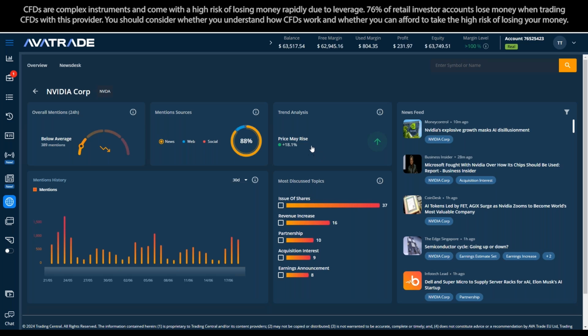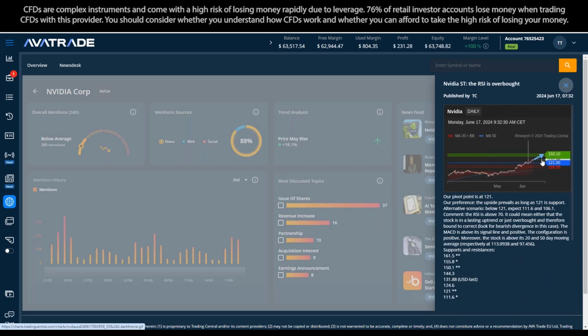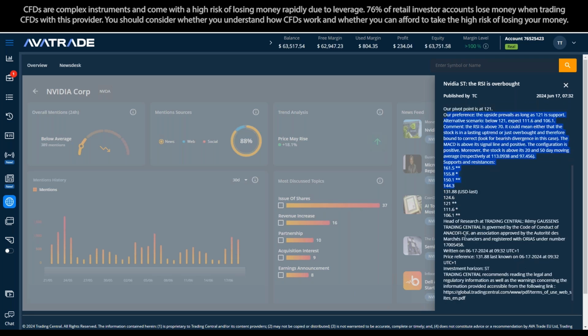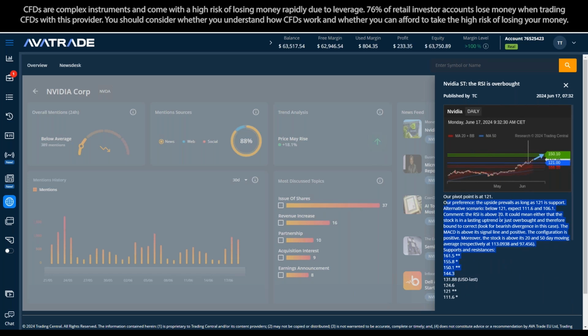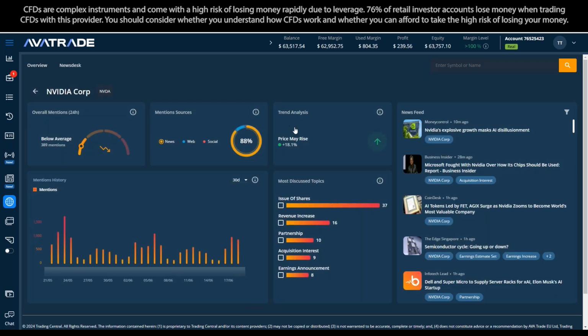And so, we can click and get the trend analysis. You can get the support and resistance levels. The signal here explains the technical indicators, the important price levels. So you can get a good idea of the technical side of things here. And basically, it's a buy signal. It's telling you the price may rise 18%.